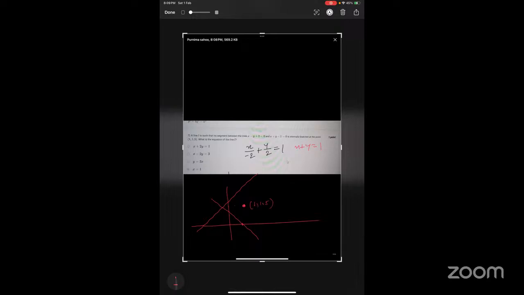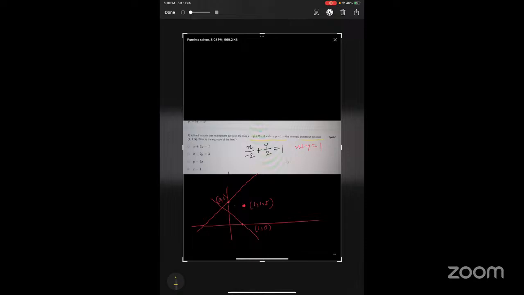Is it fine? This is 2, this is (0, 2), this point is (1, 0), and this is (1, 1.5). Is the picture clear up to now? Yes, ma'am. The new line is between these two lines and internally bisected at the point. That means the point is the midpoint of the line segment between these two lines.